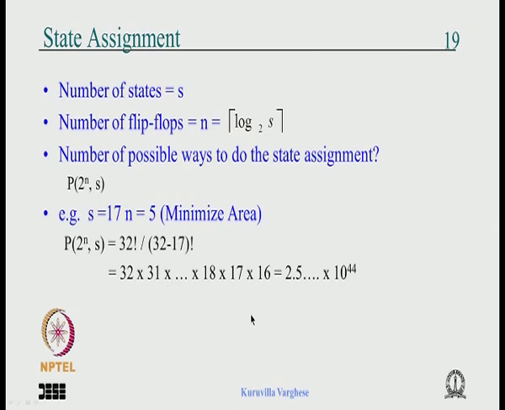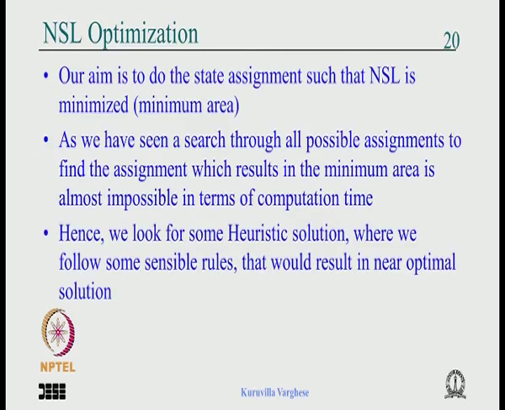So we cannot systematically go and solve it, but our aim is to somehow minimize the next state logic by doing a state assignment, or minimize the output logic. Trying all possible assignments and finding the minimal is not a computationally viable solution.